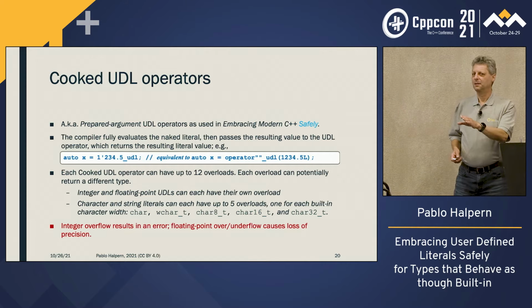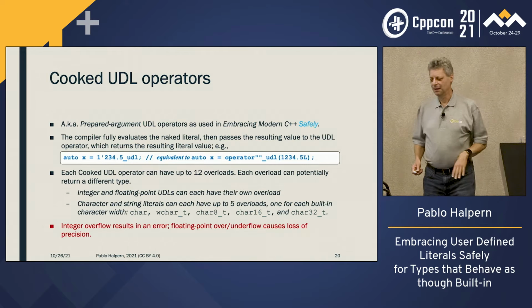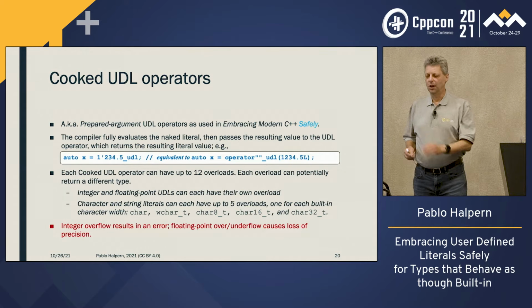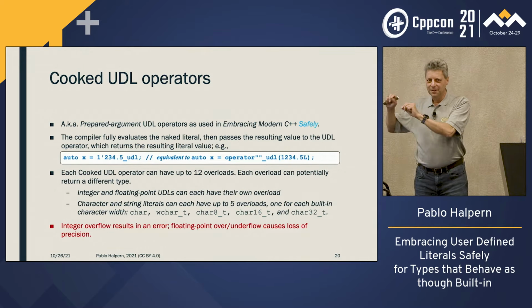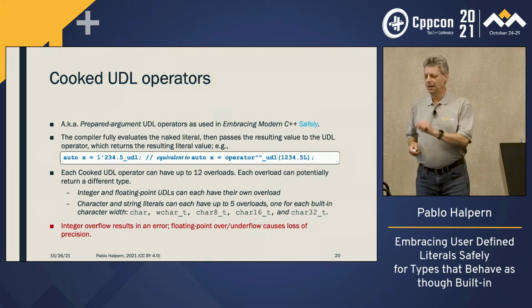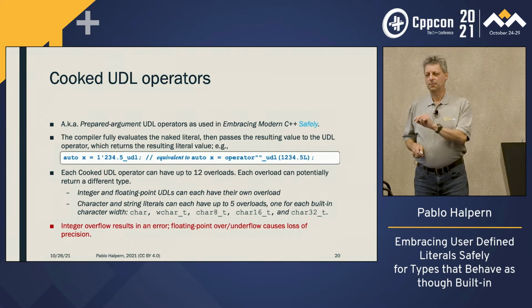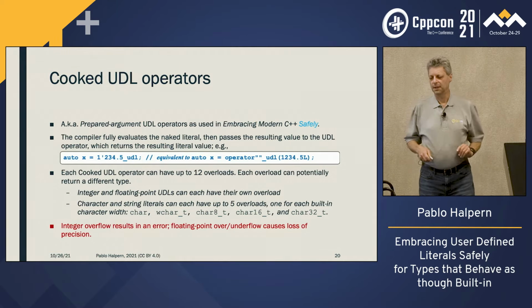But the tick will come into very interesting use. We'll see both good uses and bug opportunities as we go along. So keep that in mind. So this is exactly equivalent to calling operator quote quote underscore UDL, which is a mouthful, and passing the naked literal in. The naked literal in this case is expressed as a long double. We'll go into that in a minute.